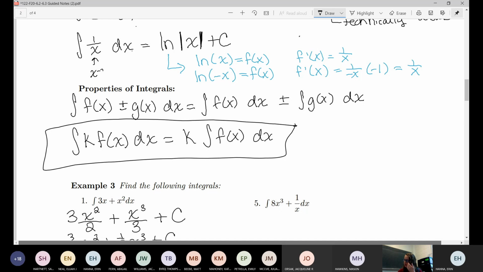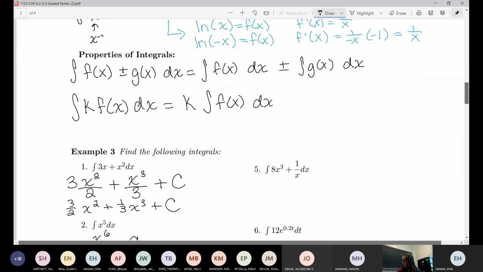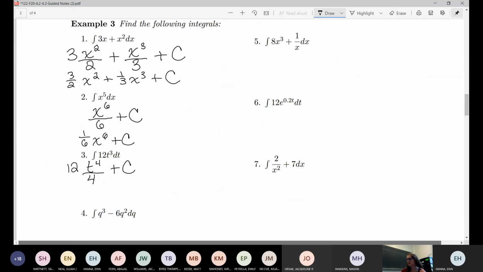Just like when we were doing regular derivatives from scratch and looking at something like 3x squared, the 3 came along for the ride and then we brought the power down and subtracted 1 from the power. Kind of same deal here. If there's a constant out front, it just comes along for the ride, and then you take the antiderivative of the function piece. So the 12 just tags along.